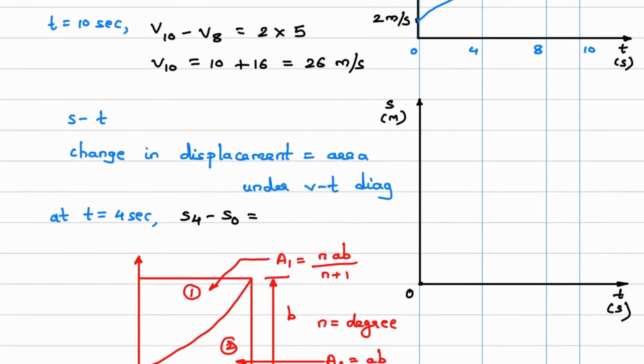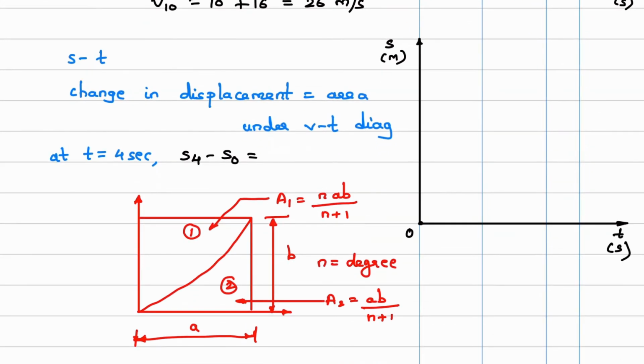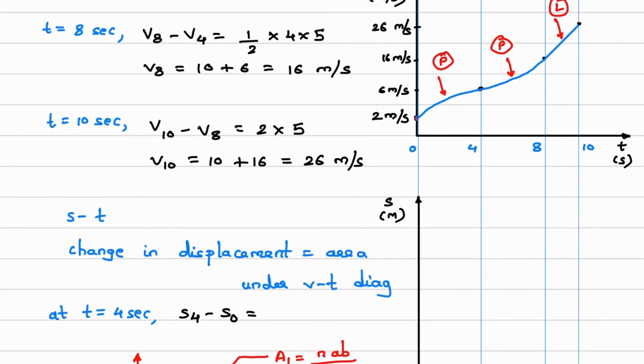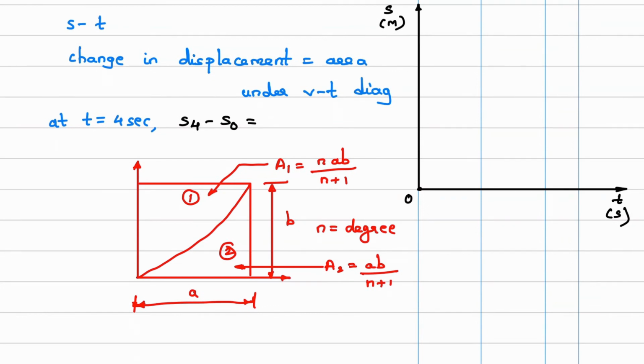Now if you see this curve, this is a parabola, so the degree will be 2 and we have to calculate this area. If you are considering a parabola, we will see what value we are getting. So N will be equal to 2. So 2 AB upon N plus 1, which is 3.